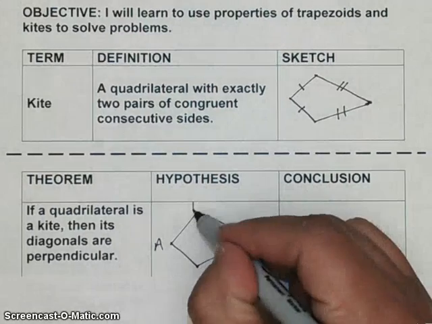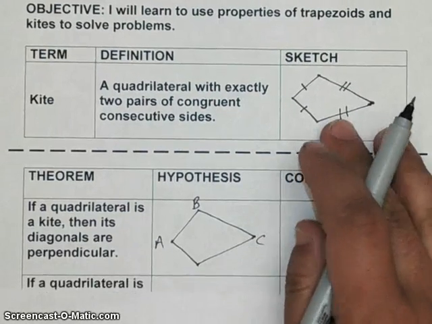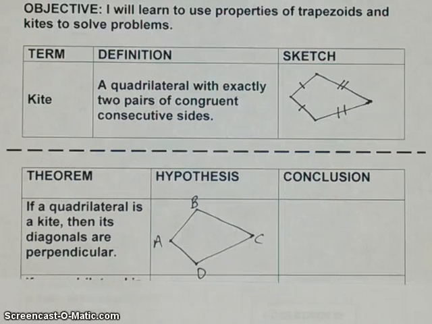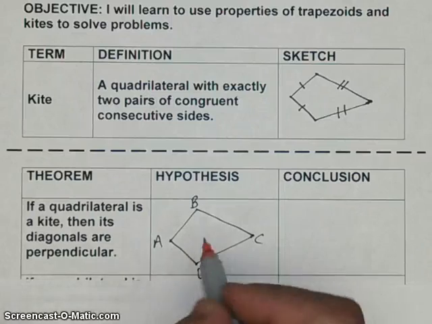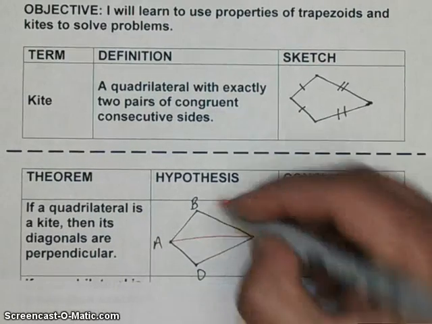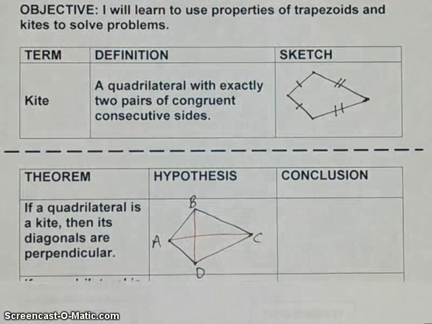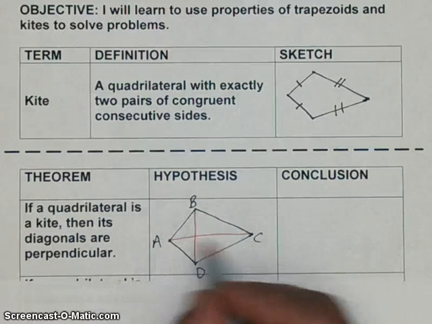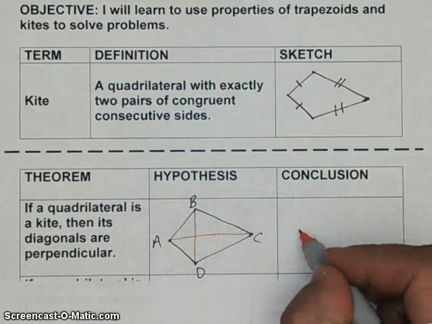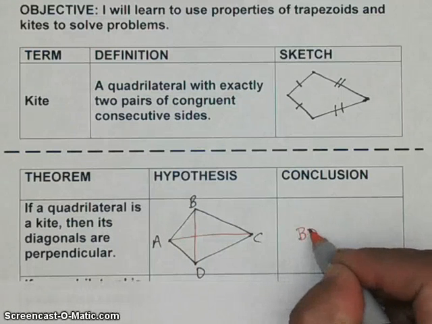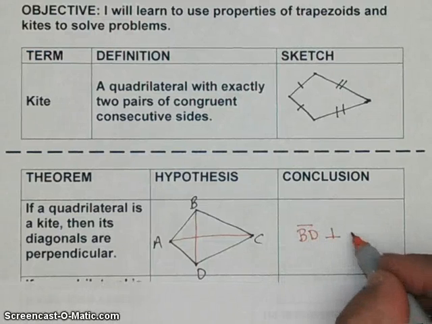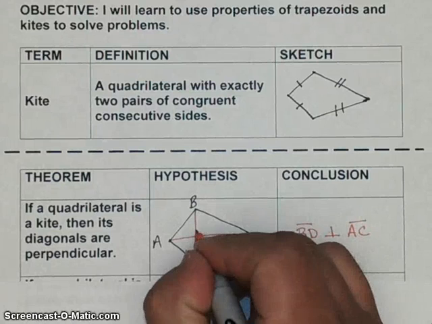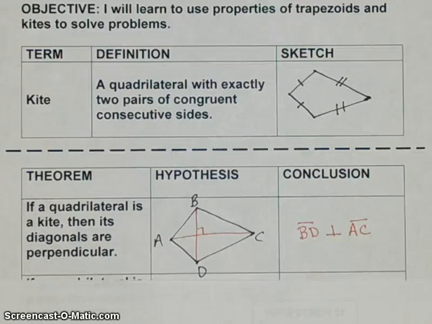Let's go ahead and label this A, B, C, D. Alright, so there's my kite, and if I draw these diagonals here and here, the conclusion would be that segment BD is perpendicular to AC, which again means that these angles are 90 degrees.